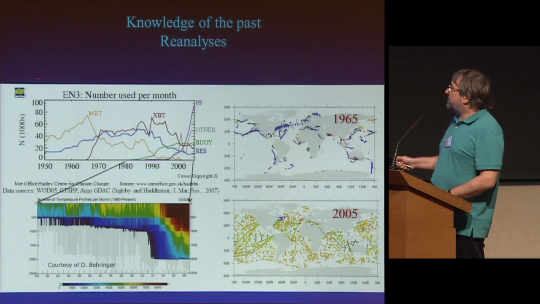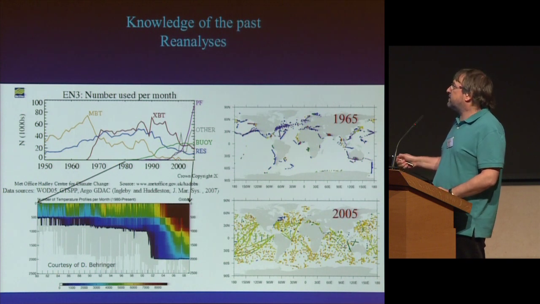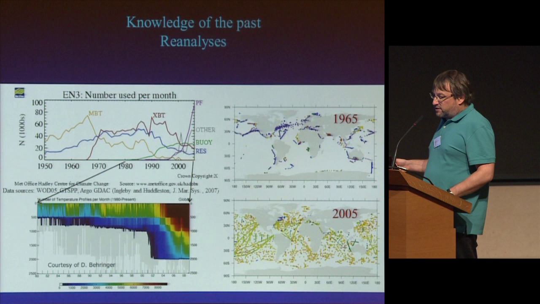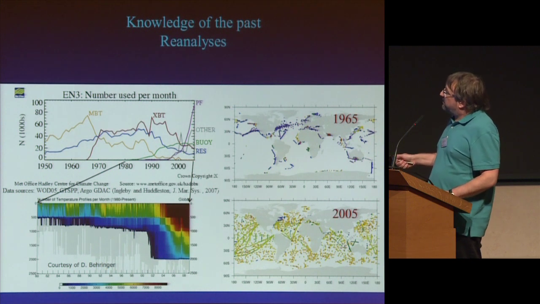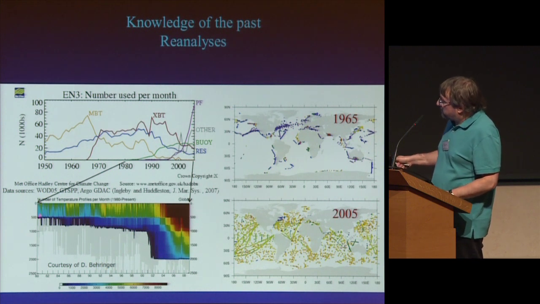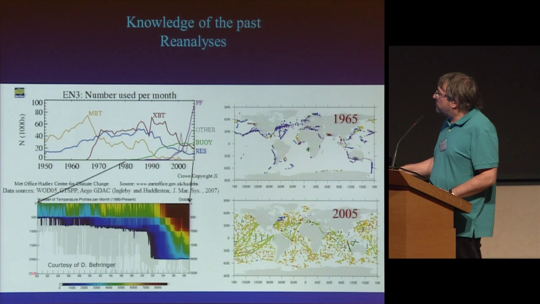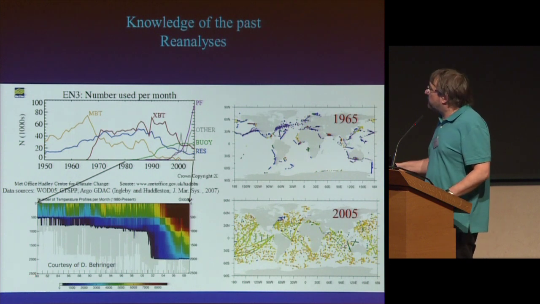And you can see that there is a large variability of observation systems that appear and disappear. For example, here you can see the number of observations at depth since, I don't remember, the 1980s until the Argo era.